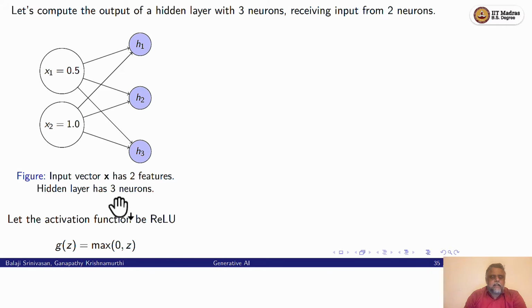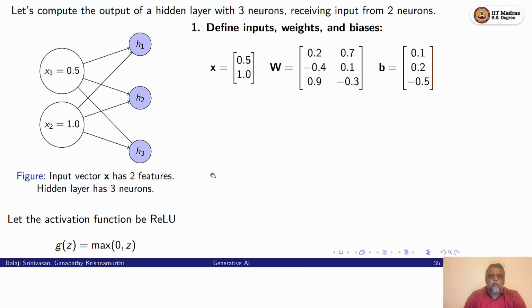And the activation function we are going to be using here, remember that g of z, is going to be ReLU. It's called rectified linear unit. We'll see what that is as we do the computation. Okay, so we will define the inputs. Let's say x is 0.5 and 1. Let's say w we have initialized to the following values.